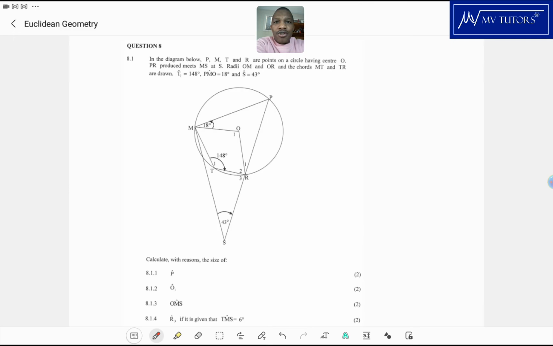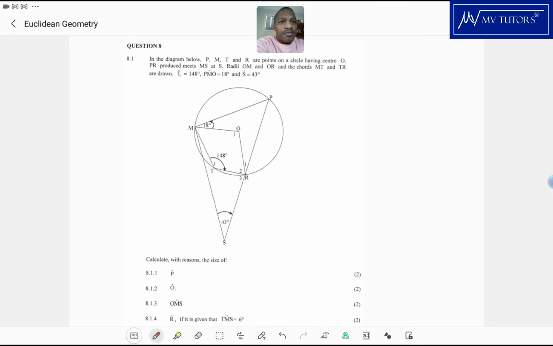That means it's made longer, it's extended, and meets MS at S. Where's MS? Okay, I see it. There's MS. Radii OM and OR, they have to be radii because we've been told they come from the center. O is a center. And radii OM, OR, and the chords MT and TR are drawn.